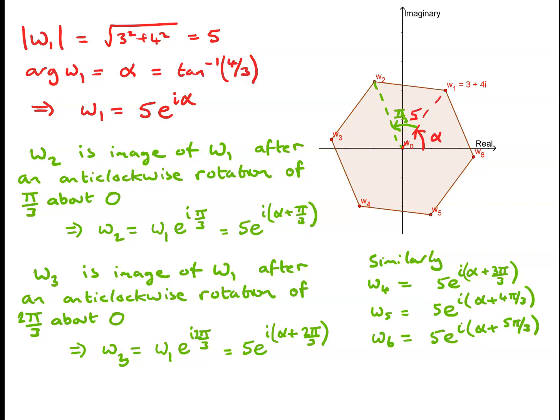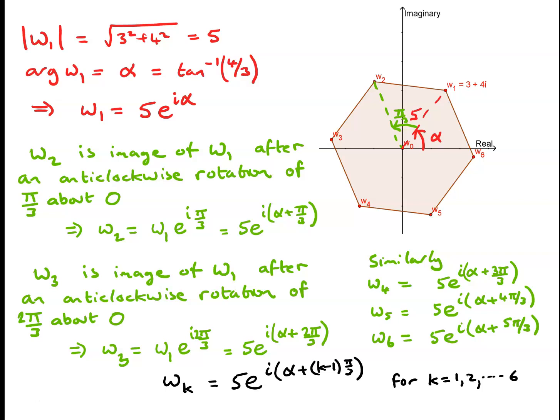And we can work exactly similarly to get w4, w5 and w6. So we've got wk, if you like, is given by 5e to the i times alpha plus k minus 1 times pi by 3 for k equals 1, 2, 3, 4, 5 and 6.